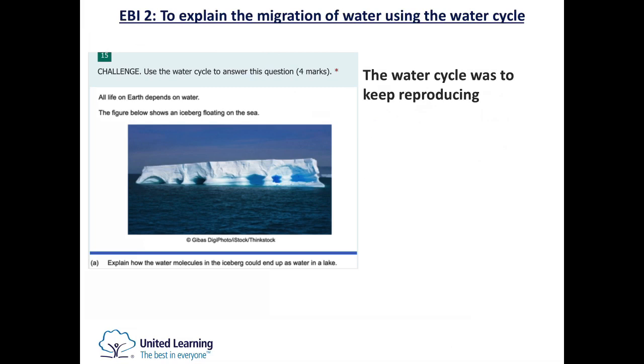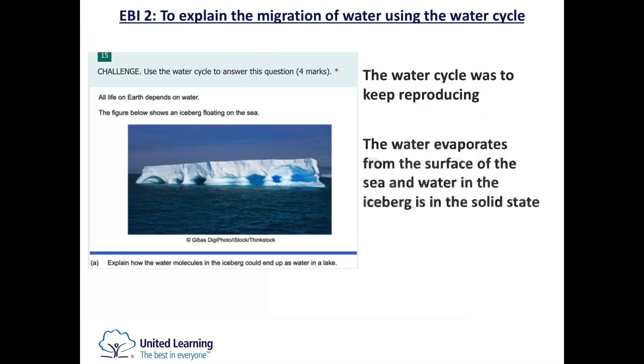So there is some grammar that needs to be corrected there. The next one is the water evaporates from the surface of the sea, and water in the iceberg is in the solid state. So they've mentioned two things here, but it doesn't get the full 4 marks. So again, look at the question here. It says 4 marks, so you should have some 4 main points to discuss.